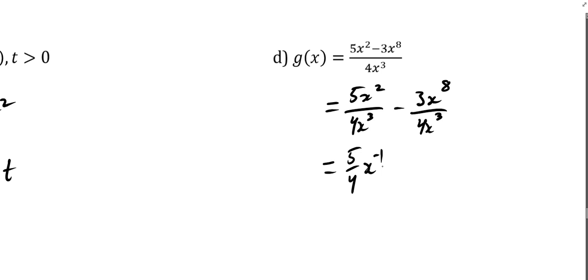Power rules. Grade 9. Dividing powers with the same base, what do you do? Subtract the exponents. Same thing, and I had to take the 5 over 4 as a fraction out front. So 8 minus 3 x to the 5.